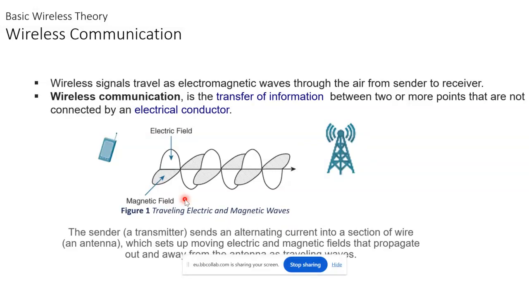After that, this sets up moving electric and magnetic fields that propagate out and away from the antenna as traveling waves.